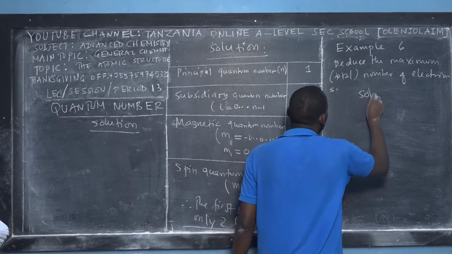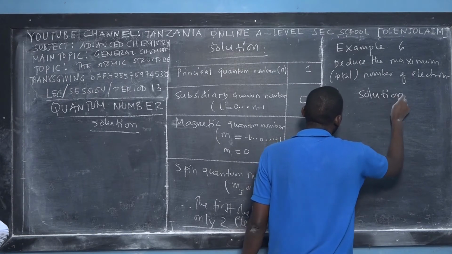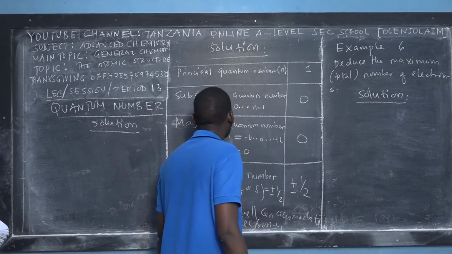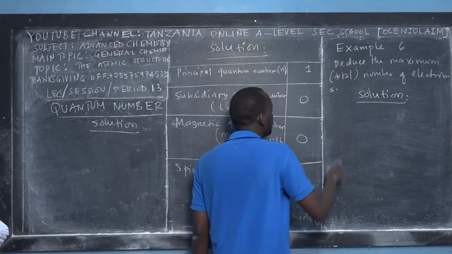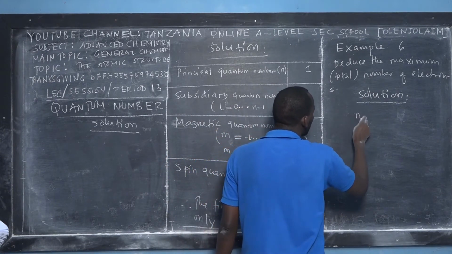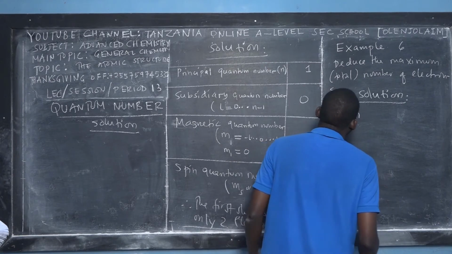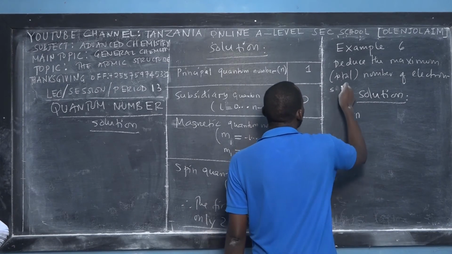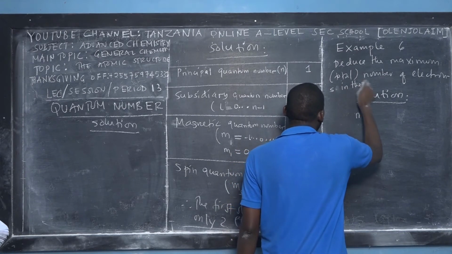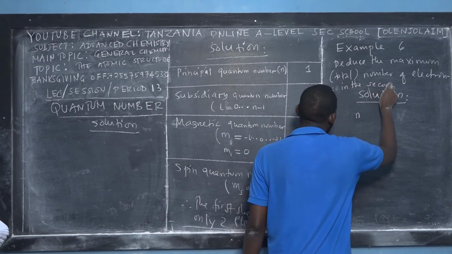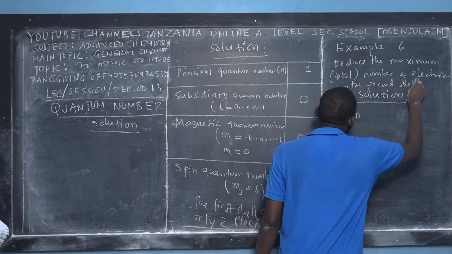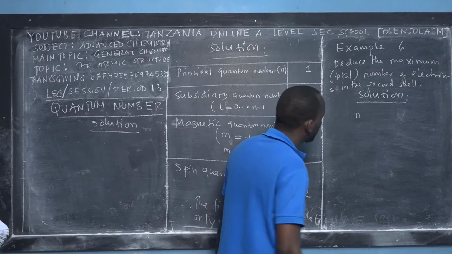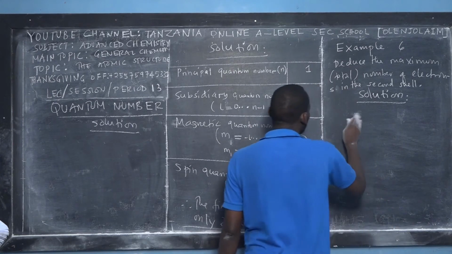Solution. Let me teach you how you can solve this problem. The first one is always the principal quantum number, which we call n. For the second shell, what is the maximum number of electrons in the second shell?